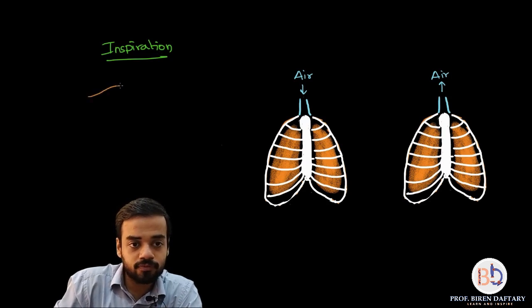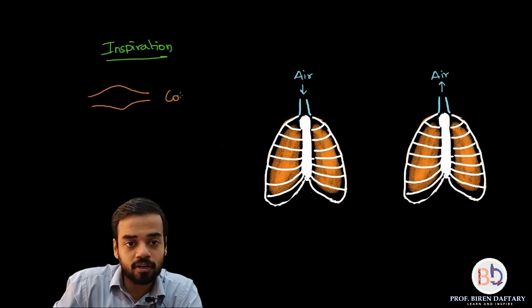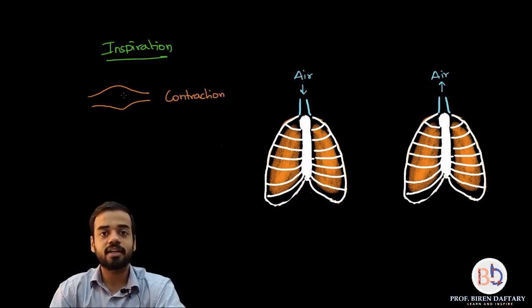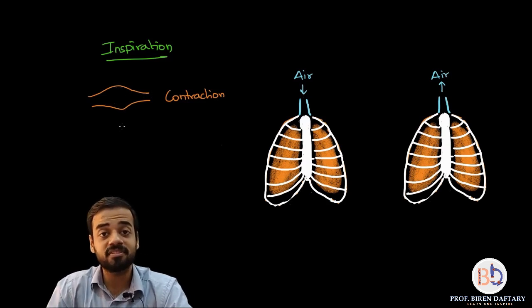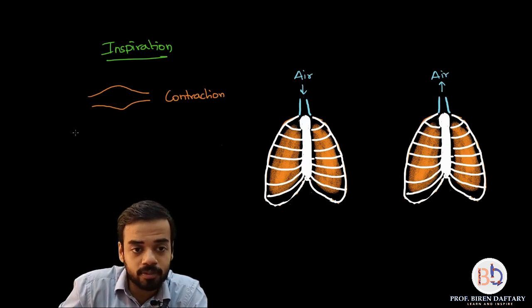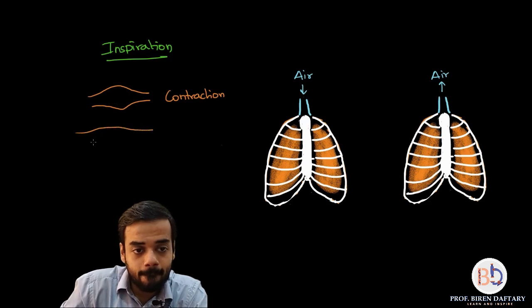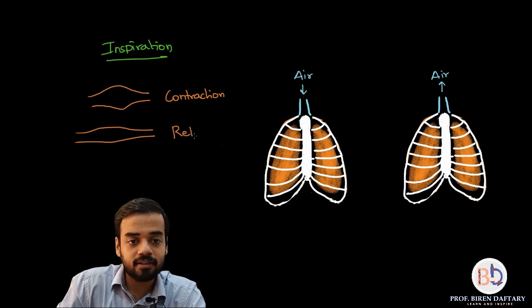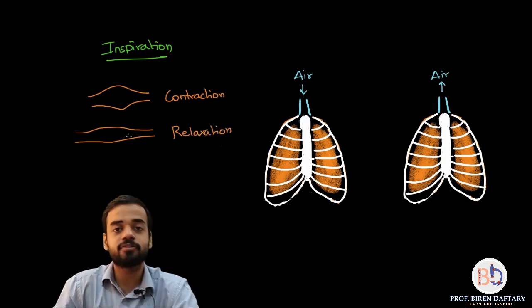So suppose this is the muscle which has contracted, then its length you can see over here and the thickness you can see over here. If this same muscle undergoes relaxation, then what is going to happen is, you can see that the thickness has reduced, but the length, if you see, it has increased.